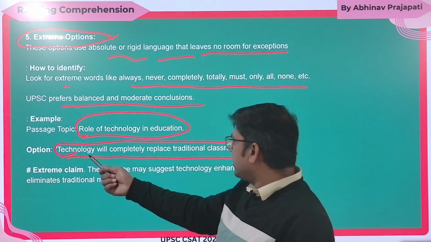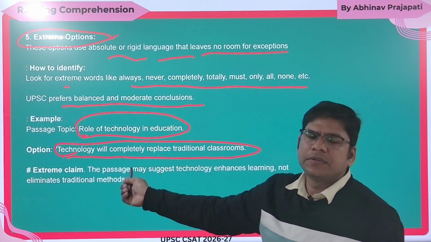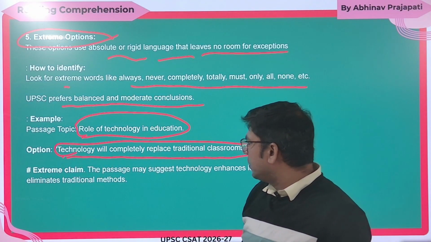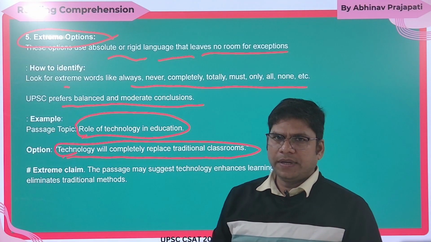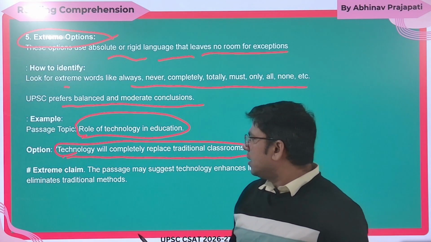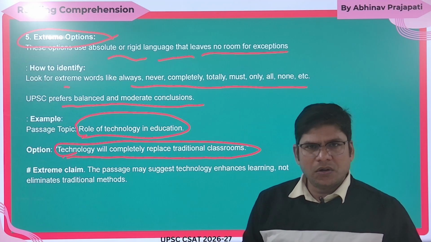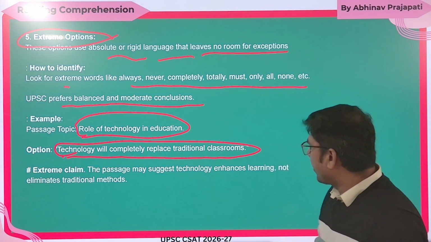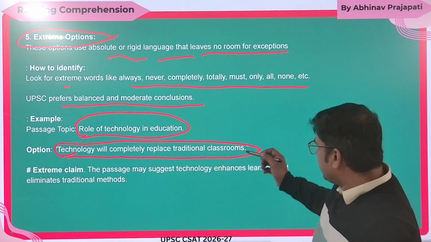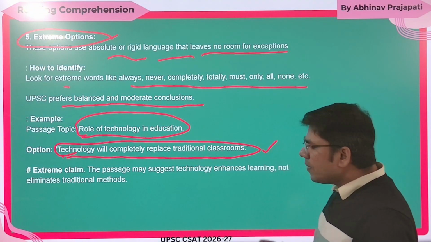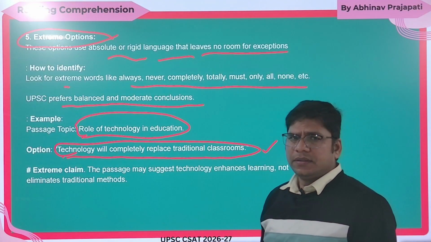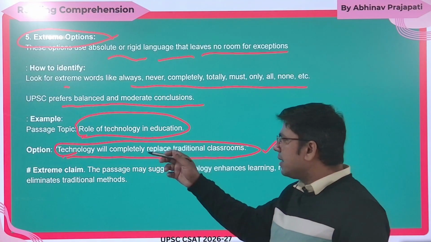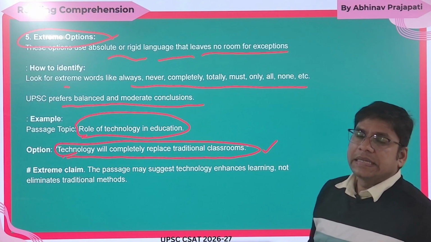This option makes an extreme claim that technology will completely remove classroom study or the classroom program. This is not possible; it is an extreme argument. So we should avoid options having extreme claims.